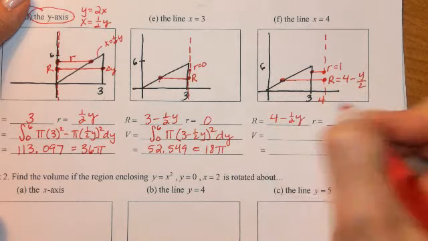Big R has length 4 minus that curve, so 4 minus square root of y. So the volume is the integral from 0 to 4, because of this 4 up here, of pi times big R squared minus pi times little r squared dy. And the calculator told me that that was 41.888, which is 40 pi over 3.